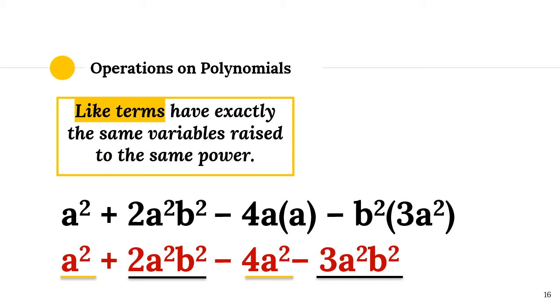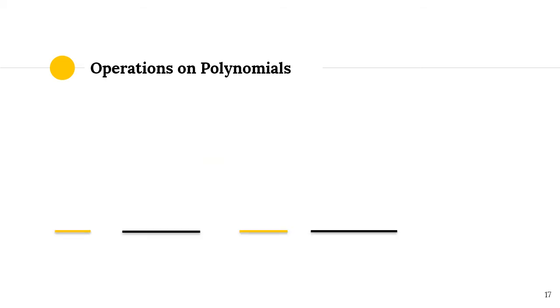You have 2a squared b squared, and in the fourth you have 3a squared b squared. Same variable, same exponent. Their coefficients may differ, the coefficients 2 and negative 3, but we don't look at them. So therefore, terms 2 and 4 are like terms.